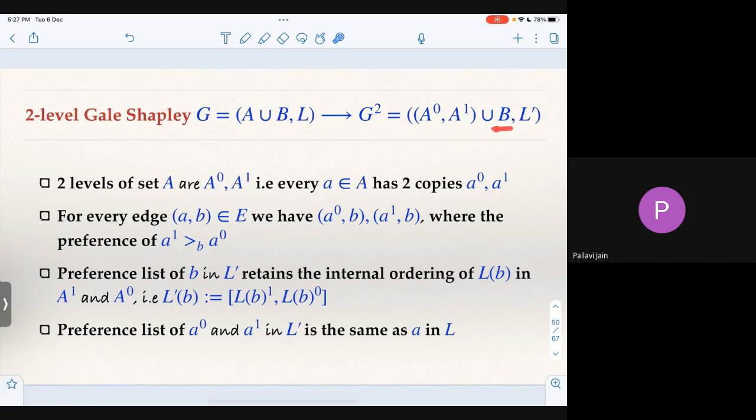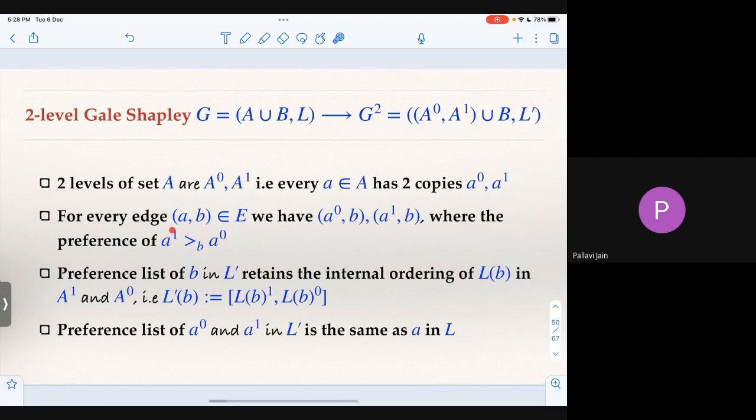From the women's side, they will use the same preference list as they were using in L, except that they will rank the A vertices from level 1, all of them before level 0. So this is how it will look.